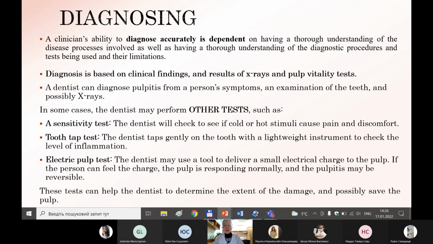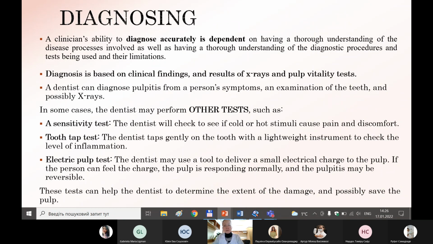Patient possibly could have few teeth with a similar clinical picture, and X-ray will show the anatomical state of the pulp chamber.